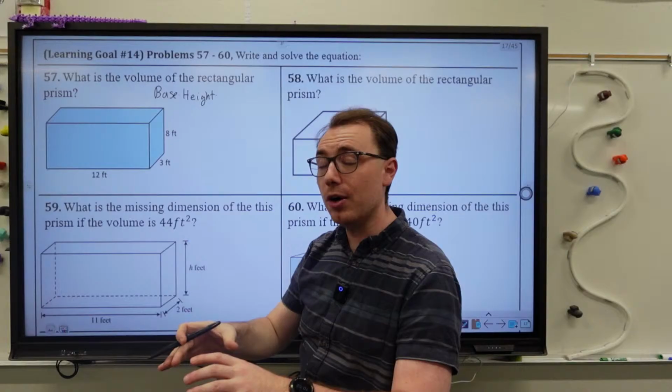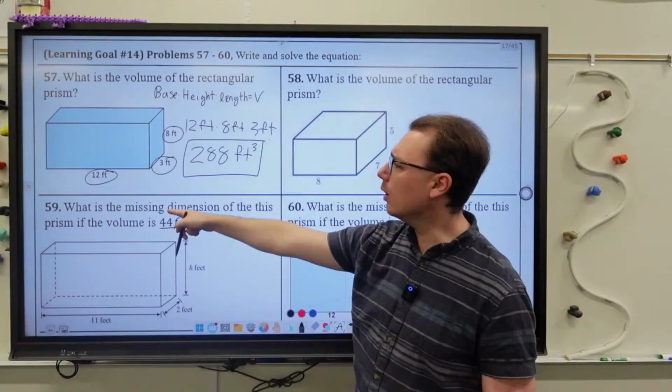However, in question 59, we're given the volume and we're asked to find the missing side length. For 59, what is the missing dimension of the prism if the volume is 44 feet to the third power? What we want to write is the equation b times h times L is equal to V, and then replace these variables with the known values.